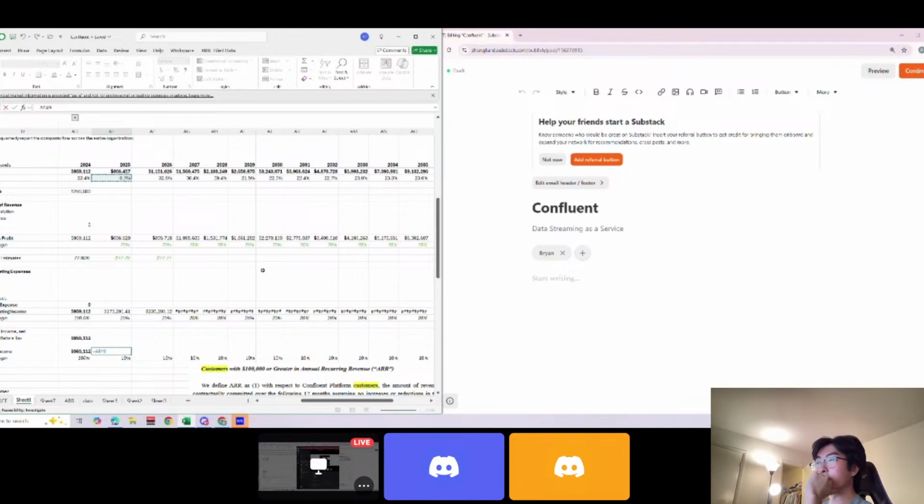Depreciation and amortization. So it seems like this depreciation is starting to ramp up a decent amount.